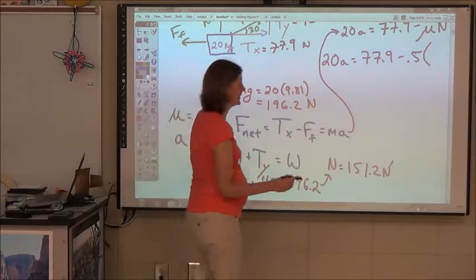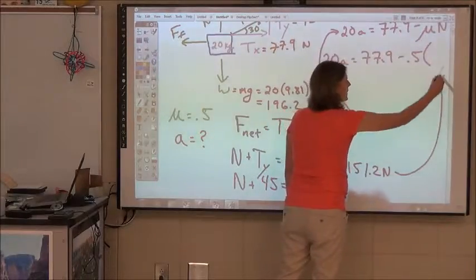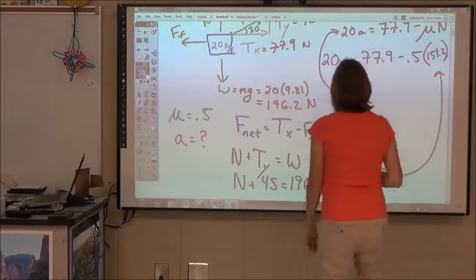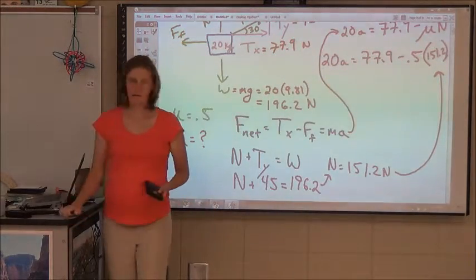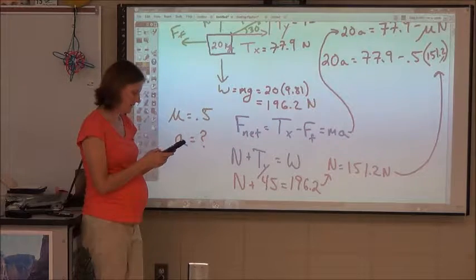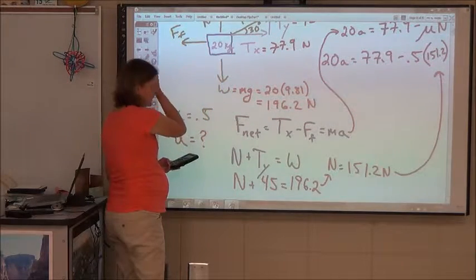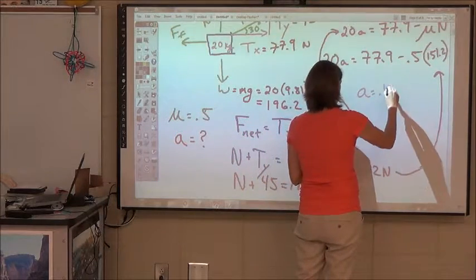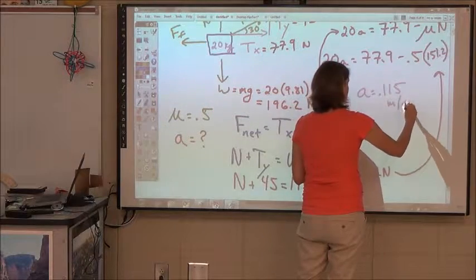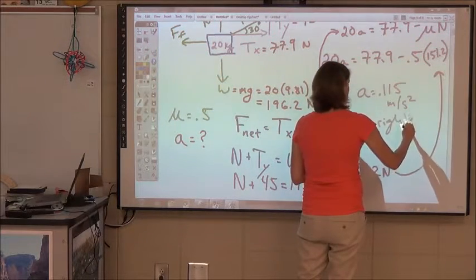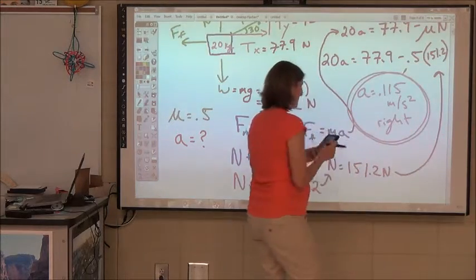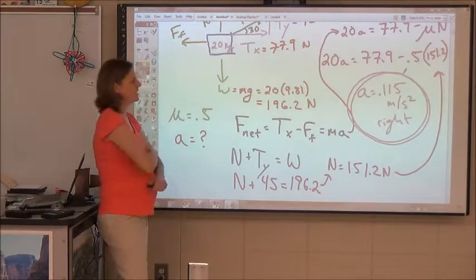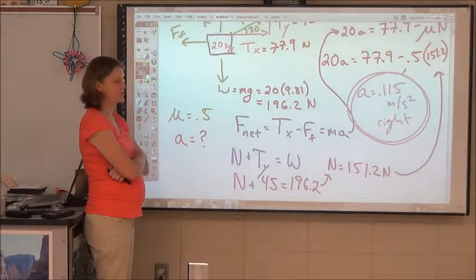And now I can plug that in up here and solve for a. So I get 0.115 meters per second squared to the right. Again, it is a vector. Put a direction on there.